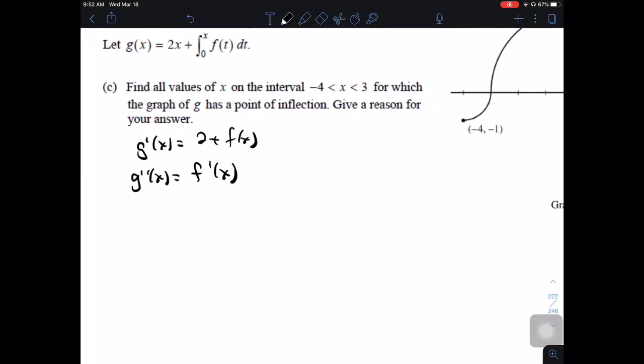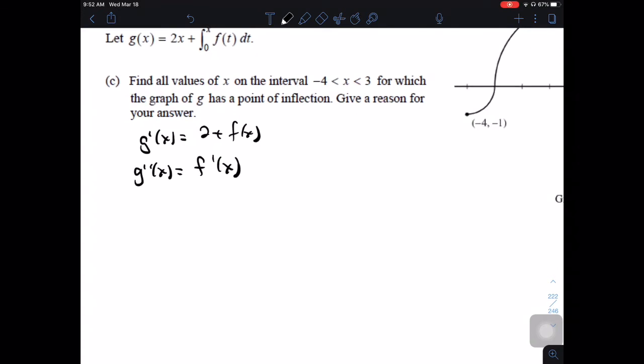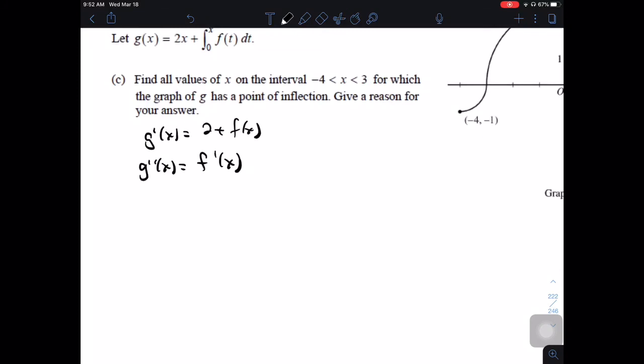And to figure that out, keep in mind, we don't know what function g looks like. We just have this equation. To figure out where g double prime changes signs would tell us when g has an inflection point, because wherever the signs change for g double prime, that's where an inflection point is.